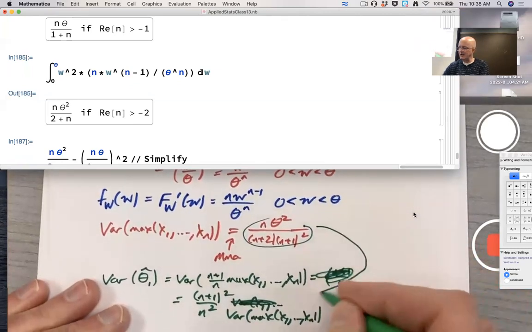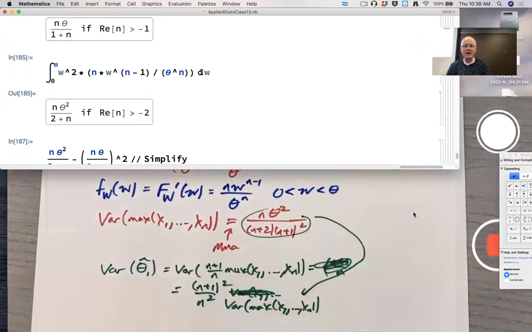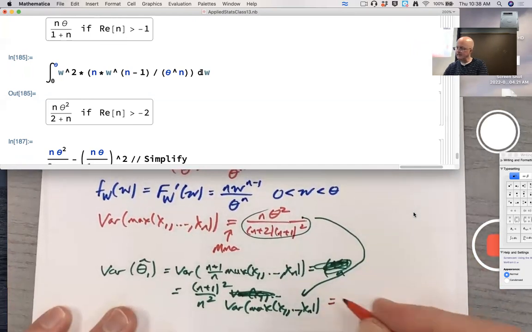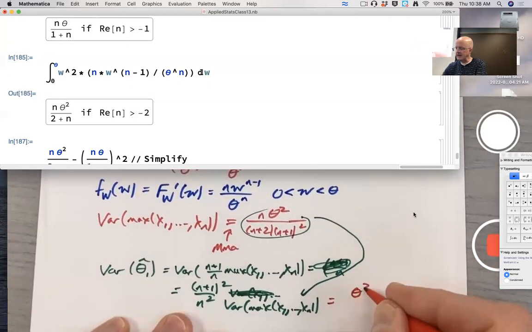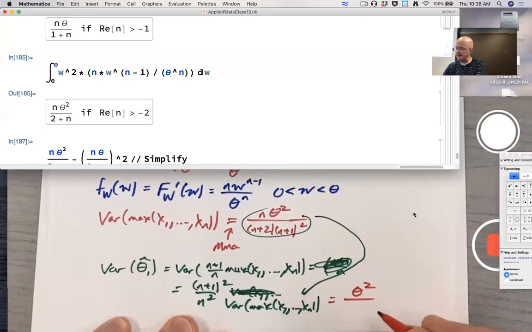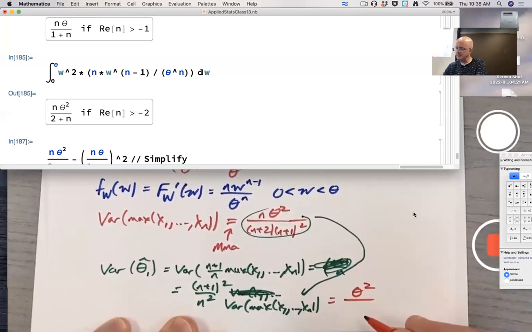So plug that in here. The n plus 1 quantity squareds cancel, and one of the n's cancels. After cancellation, we are left with theta squared over n times n plus 2.